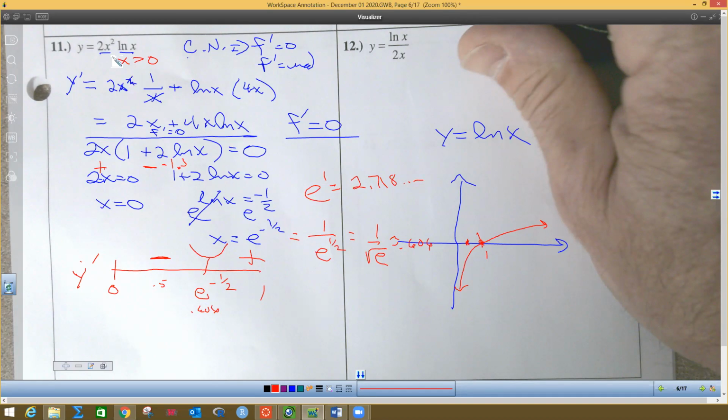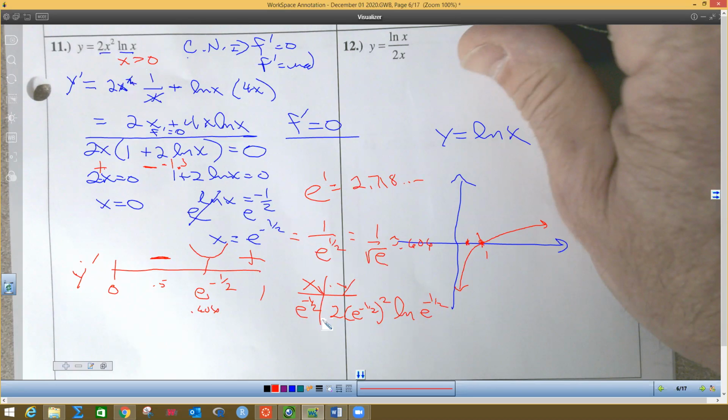So what I need to do is come up here and find out the y value, because this one's points. So I'm basically doing a t-chart where I'm plugging in an x and getting out my y, and I'm plugging in e to the negative half. Back up here for this, so I'm going to get 2 times e to the negative half squared times natural log of e to the negative half.